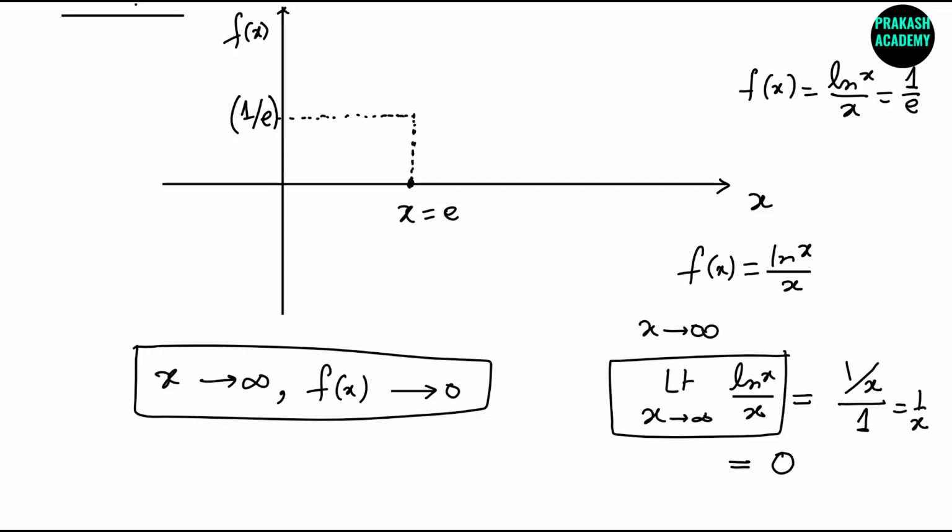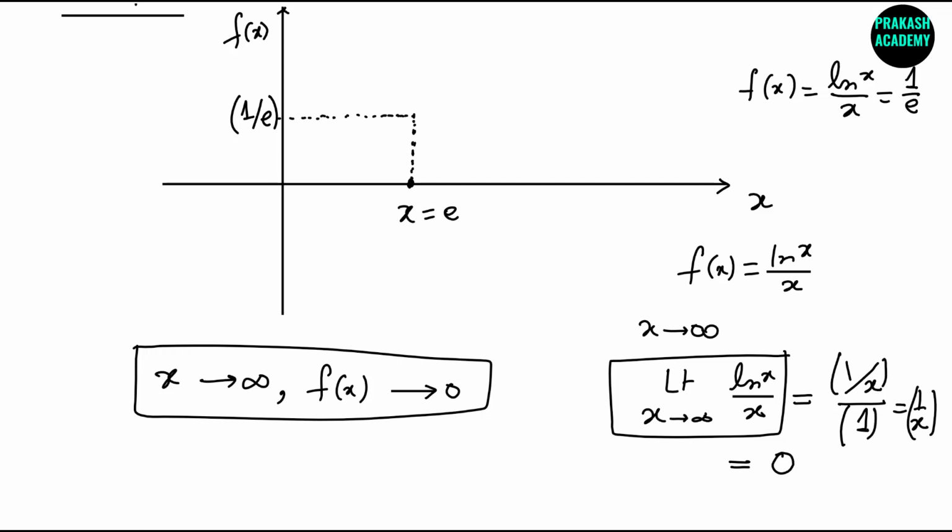But this is an infinity by infinity form, so I have to use L'Hospital rule. Then I can differentiate the numerator and the denominator. This is simply 1 by x. Then if x tends to infinity, 1 by x will tend to 0. So f(x) will tend to 0.